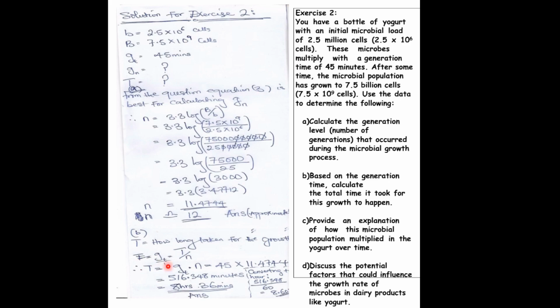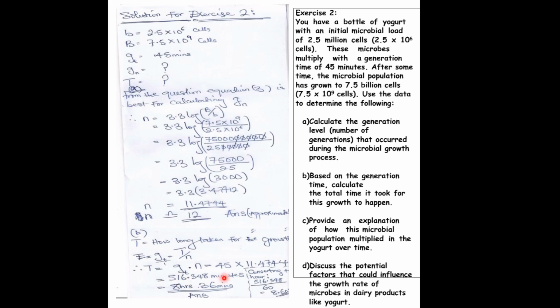It says generation time is equal to T over N. Where you are looking for T, you make T the subject of the formula. T will now be equal to generation time times generation level, which is equivalent to generation time, already given as 45 minutes, times the actual value of generation level you determined in the first equation.